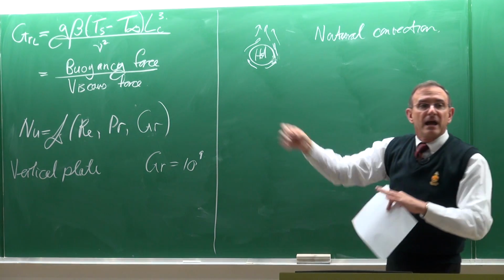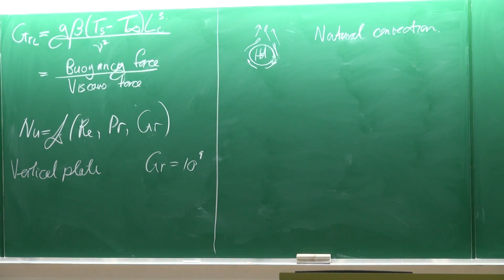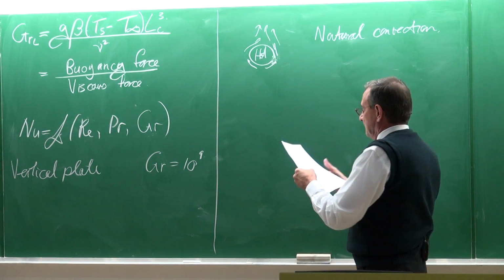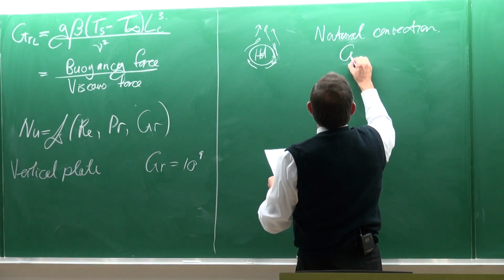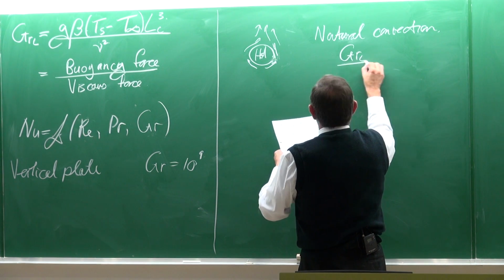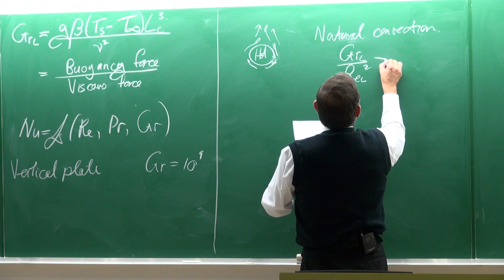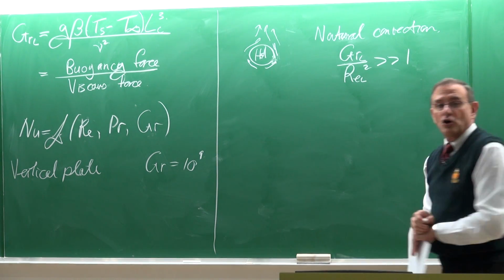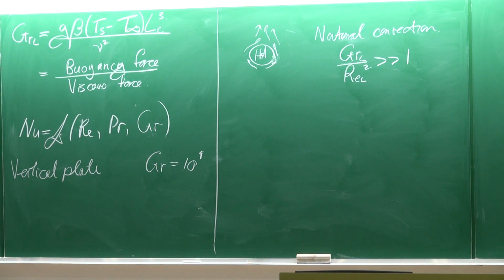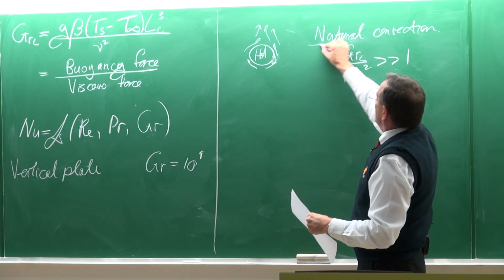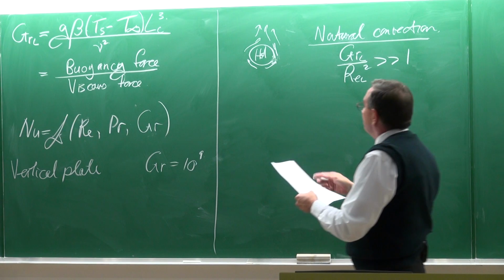There is no fan and there is no pump. Nothing forcing the flow over the cylinder. Now for these cases, the ratio of the Grashof number to the Reynolds number squared is much larger than 1. So that would be for natural convection problems.